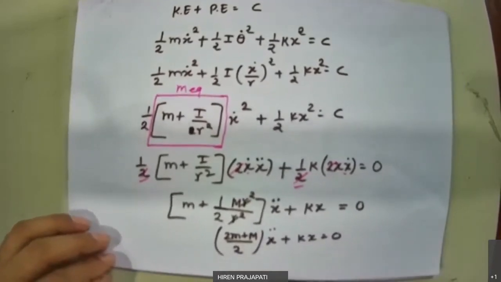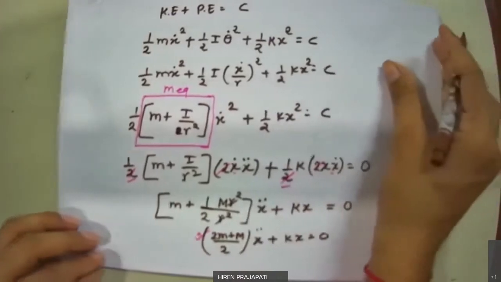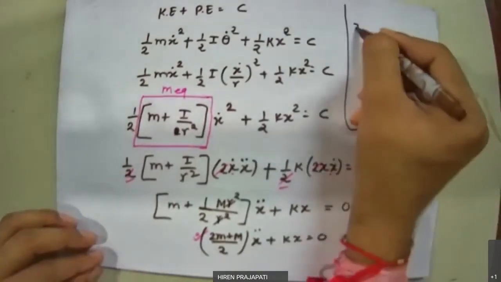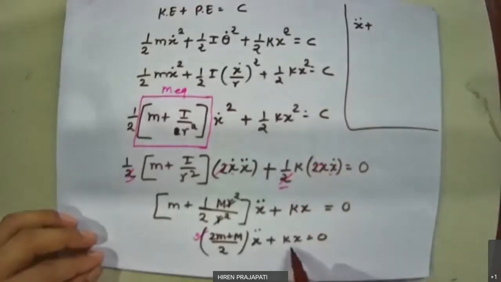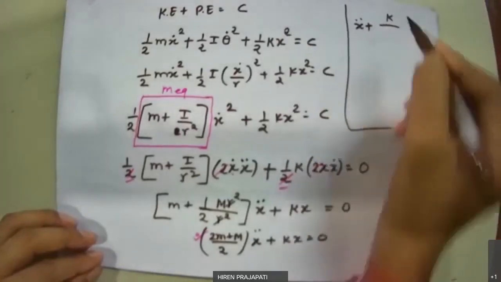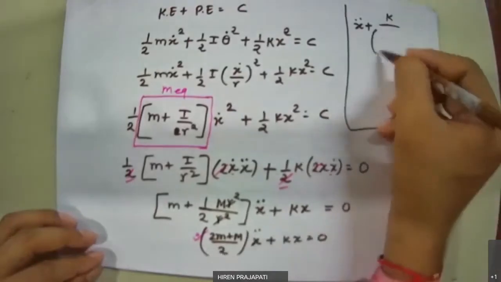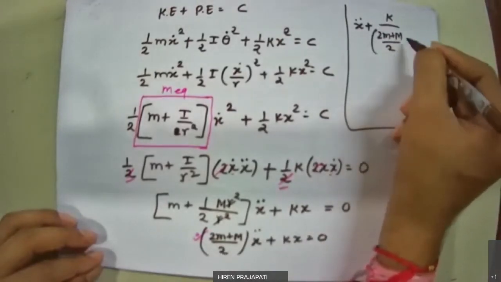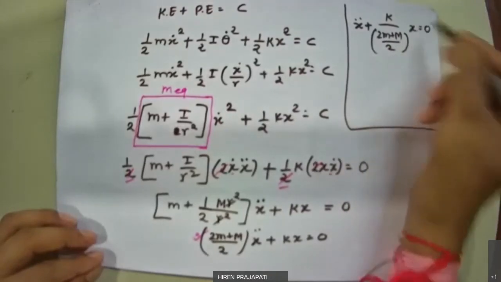Now our next step is to make the simple harmonic motion equation. So I need to divide this entire equation by this bracket. When you divide this entire equation by this bracket, we finally get x double dot plus k by this entire bracket, that is (2m + M)/2, times x is equal to 0.